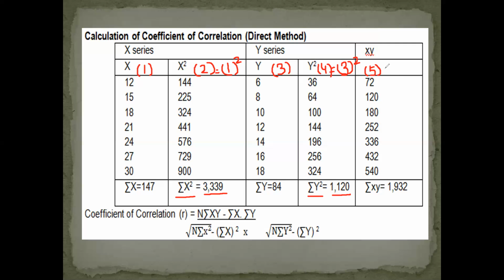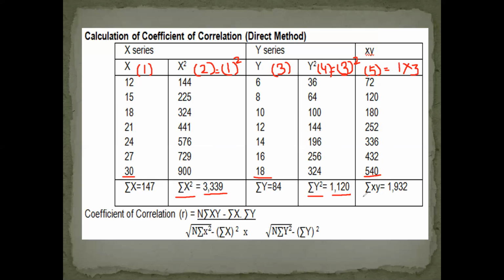The last column, the fifth column, we get by multiplying the first column with the third one, that is, multiplying the x series with the y series. So we get the products: 12 into 6 is 72, 15 into 8 is 120, 18 into 10 is 180, 21 into 12 is 252, 24 into 14 is 336, 27 into 16 is 432, and lastly 30 into 18, which is equal to 540.